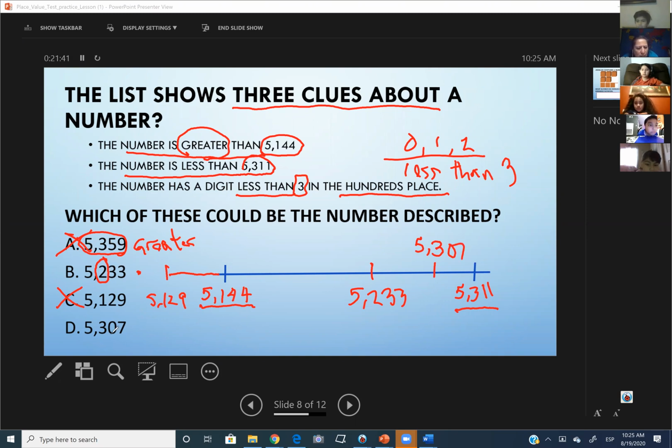So that could be my number, but I have a problem here. Here says that the digit in the hundreds place is less than 3, and this one has a 3. So that is not less than 3, that's equal to 3. So therefore, this cannot be my answer. So my answer is letter B.